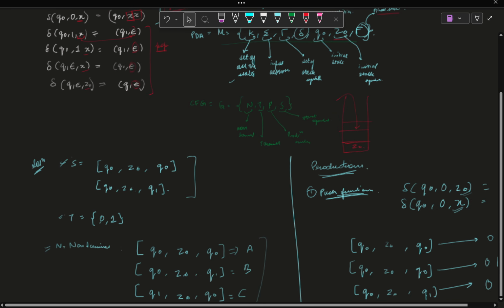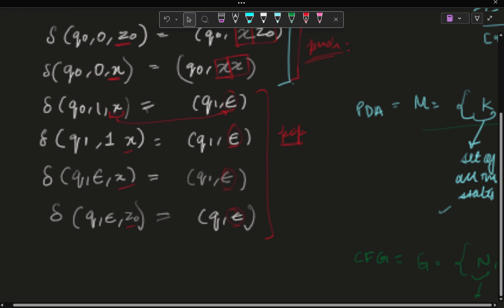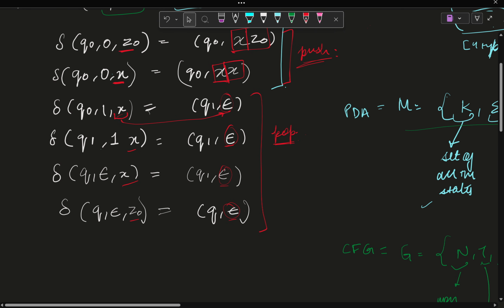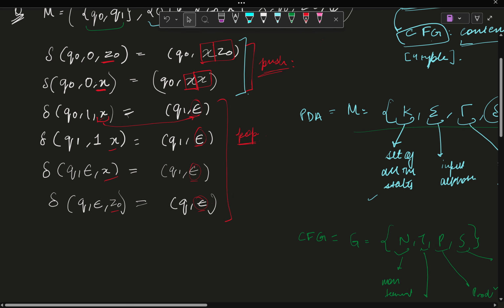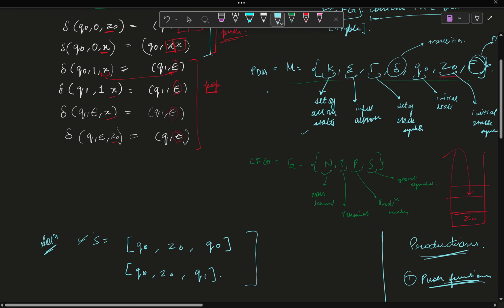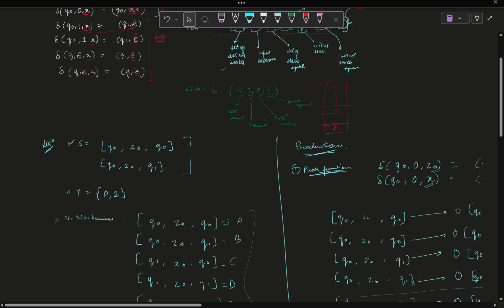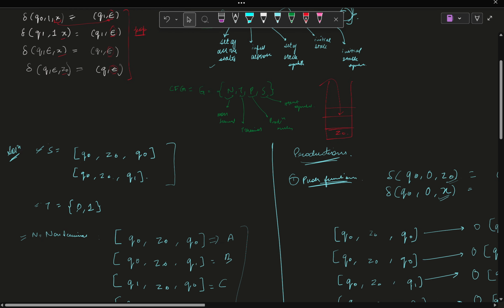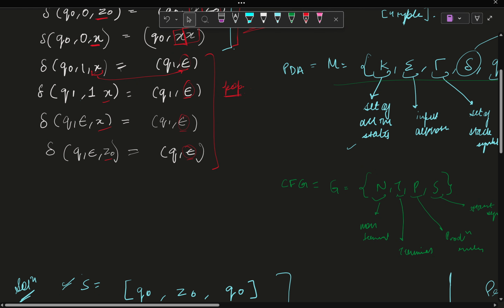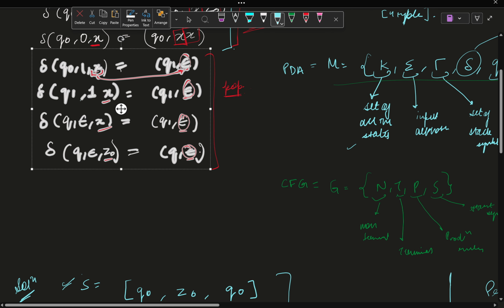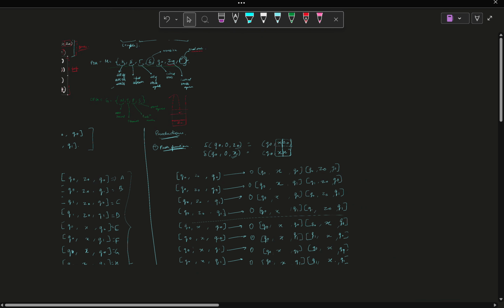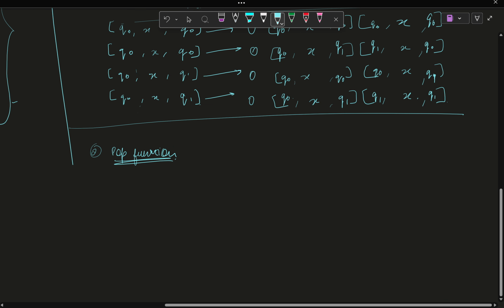Our pop function, as you can see from this, is delta Q0 1 X going to Q1 and epsilon. So first of all, let's take all of these and move them down here.